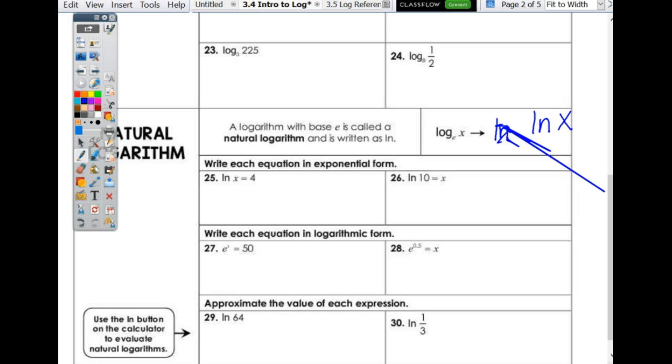Okay, so I want to write this in exponential form. So what's the base here? Who just said 10? Joseph? What is the base? e. So I'm going to do e to the 4th is x. What's the base here? So e to the x is 10.